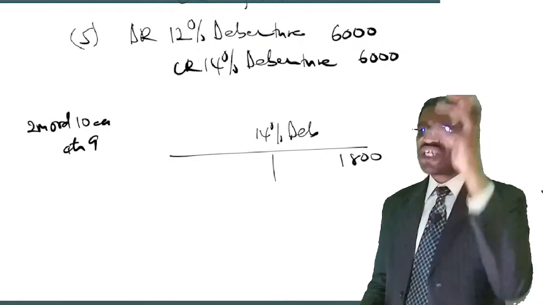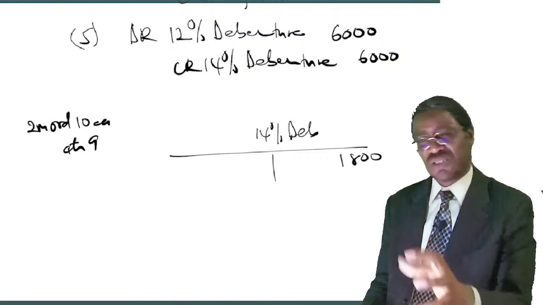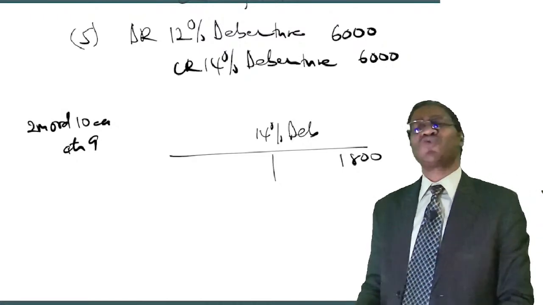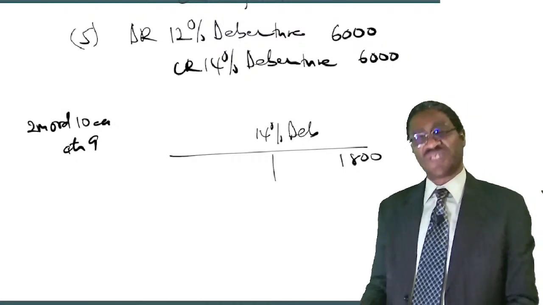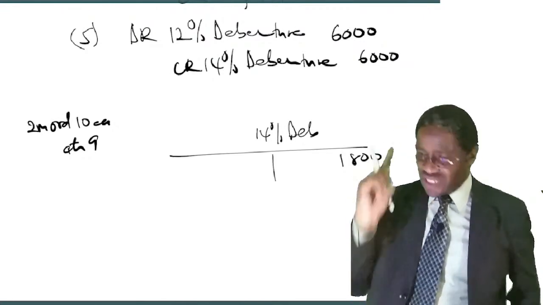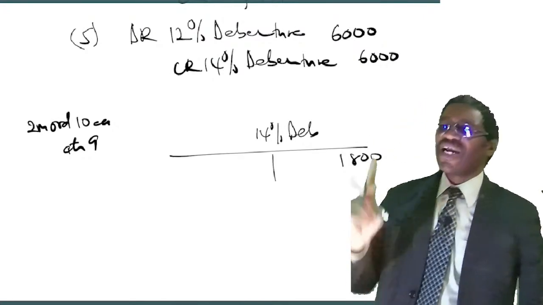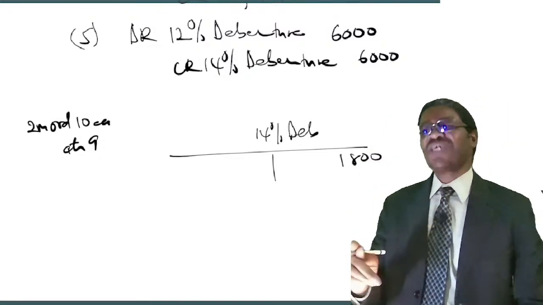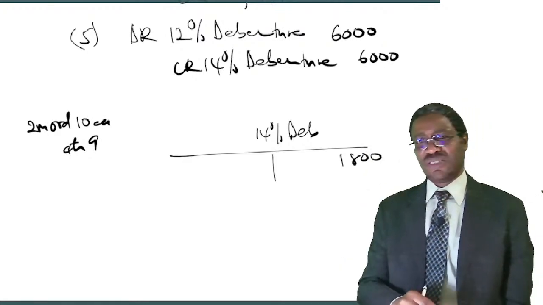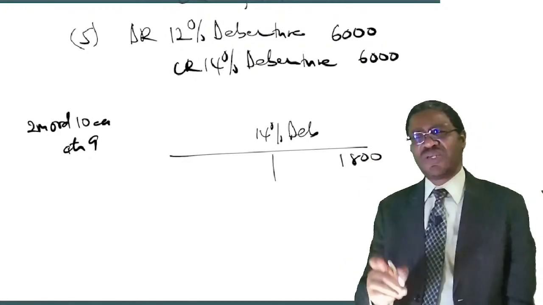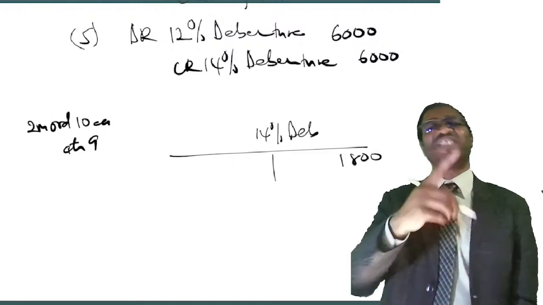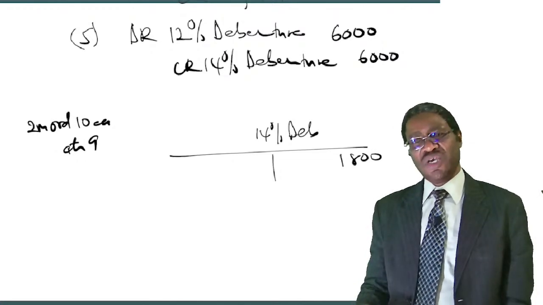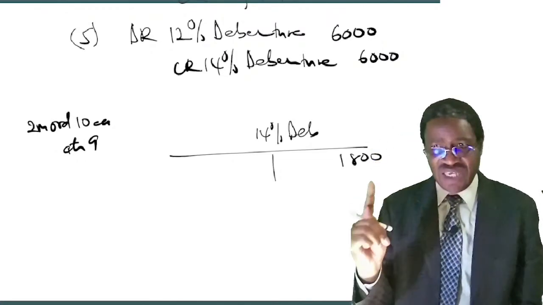2 million shares of 10 each, you are issuing shares worth 20 million. You must credit share capital by 20 million, though you are receiving 18 million because you are issuing them at 9. We are saying you must credit share capital with the nominal value. The same for debentures. You are issuing 2 million debentures, let's say 10 each, at 9.